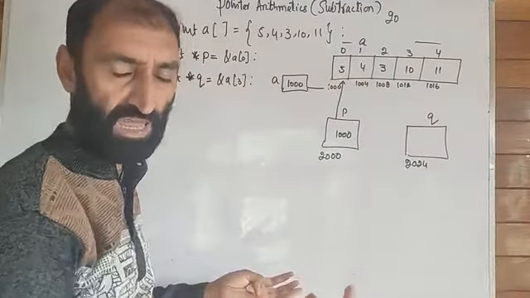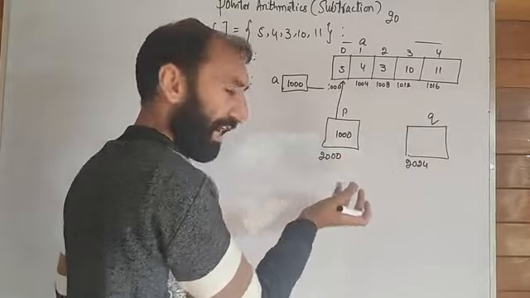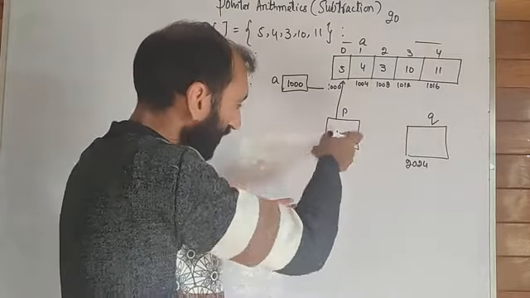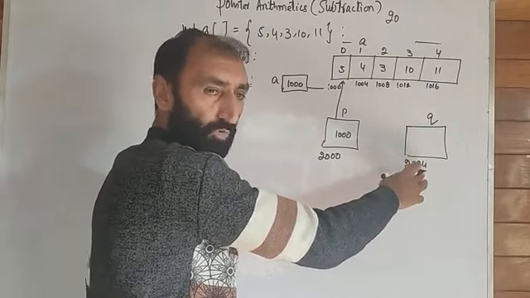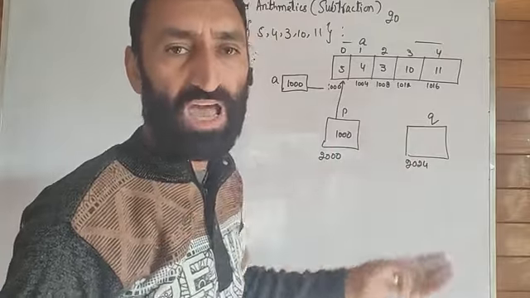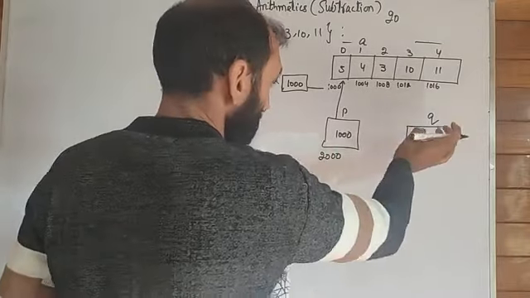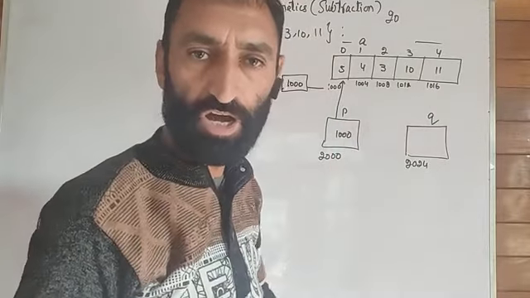Suppose the addresses are in hexadecimal form. For simplicity, I am assuming the address of P is 2000 and the address of Q is 2024. Otherwise, they are in hexadecimal form and allocated by the operating system. I don't know what the actual addresses of these pointers are.